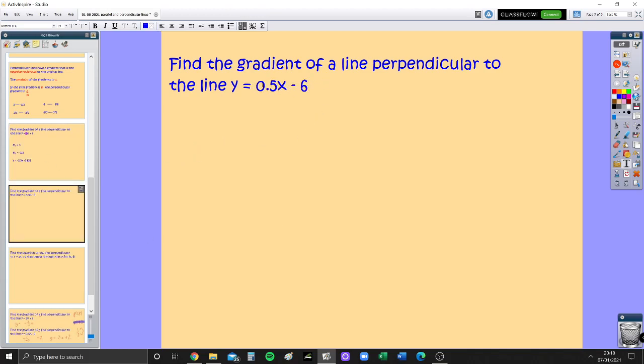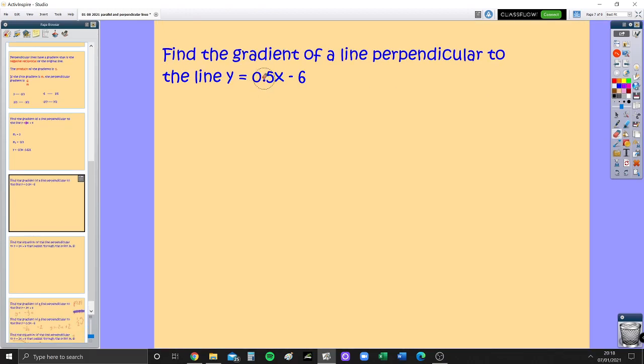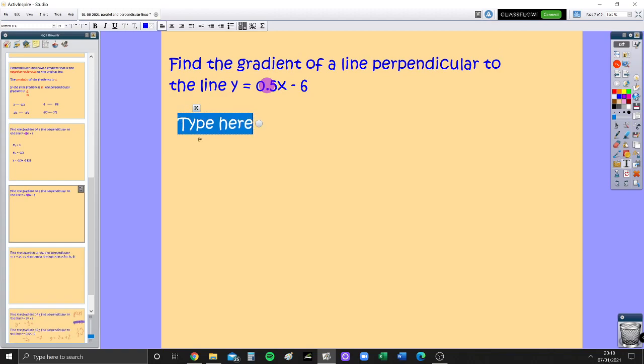Find the gradient of a line perpendicular to the line y equals 0.5x minus 6. We're going to have the fact here that our first gradient is 0.5. So we're going to need to find a way of getting our perpendicular gradient there. So again, I'm going to put that our first gradient, M1, equals 0.5. If you do negative reciprocal, you might find it easier to write it as the fraction at this point in the game.